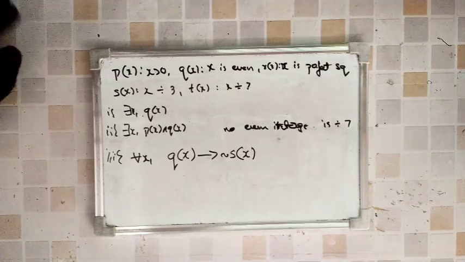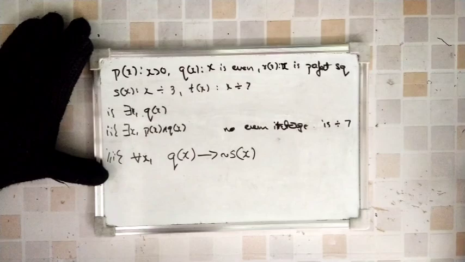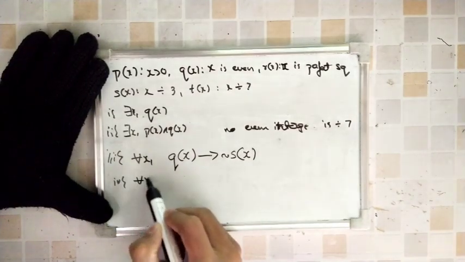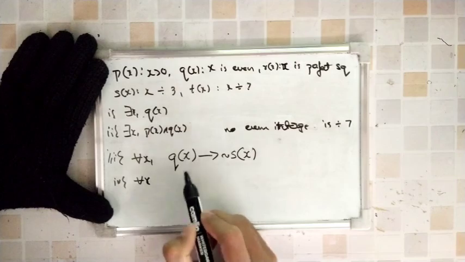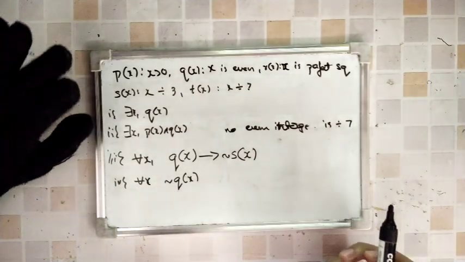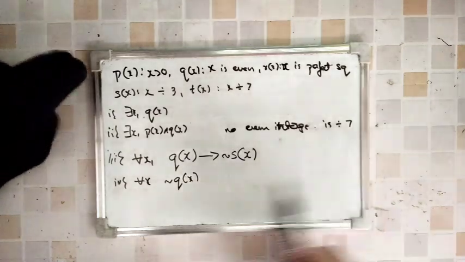So no even integer, we are saying. We know what an even integer is. So for all x, we know that Q of x is an even integer. No even integer means negation: Q of x, even integer, is divisible by 7.